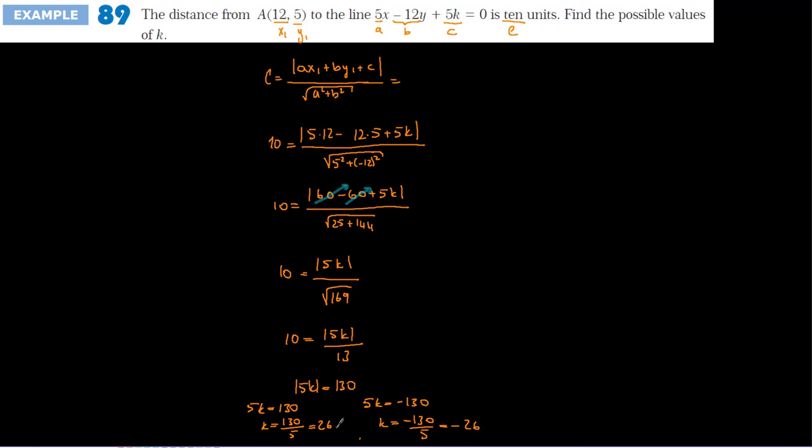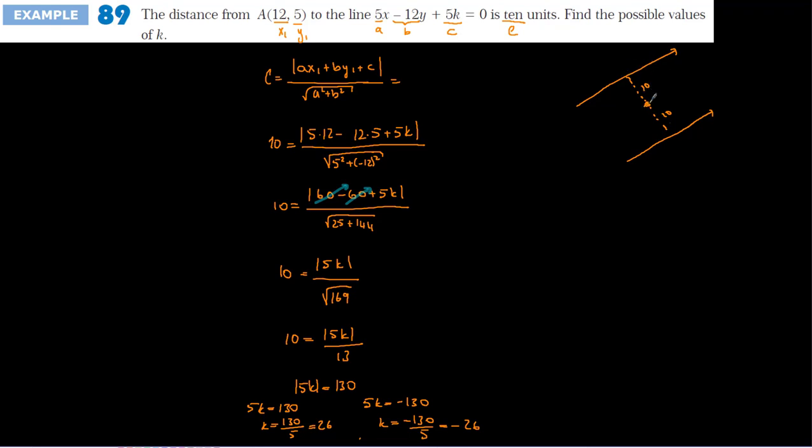Now we get two answers, 26 and minus 26, which means that we have two lines like this. If we accept that the point is this one, then here there are two lines, and the distance between them is 20 units.